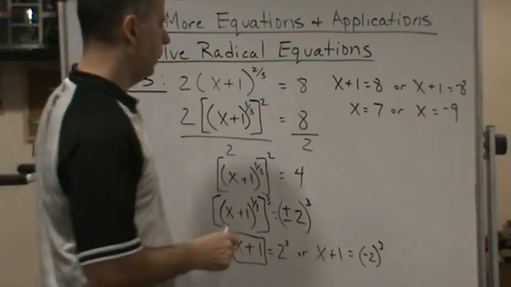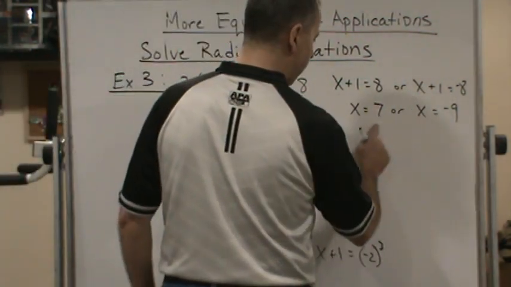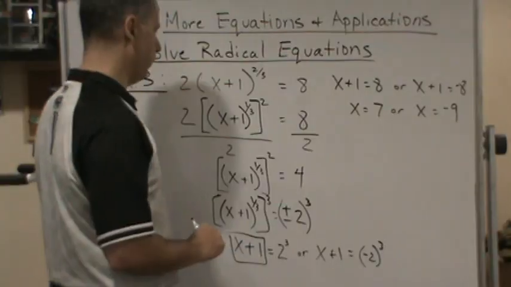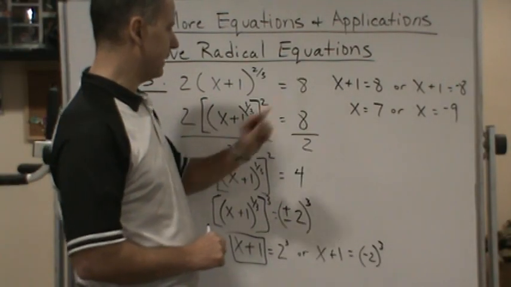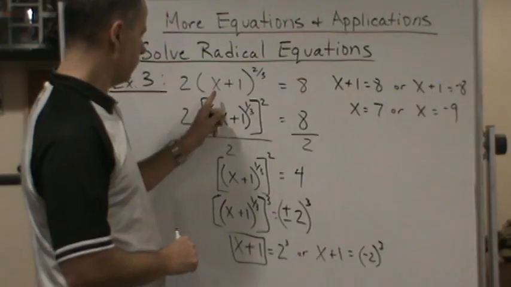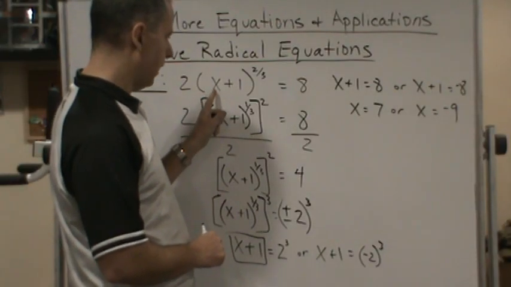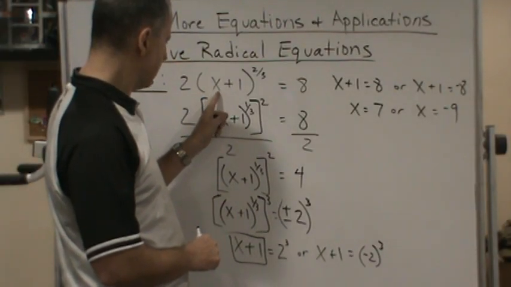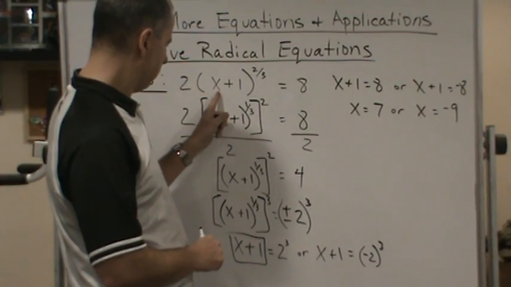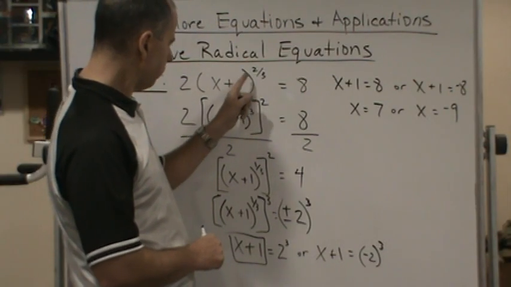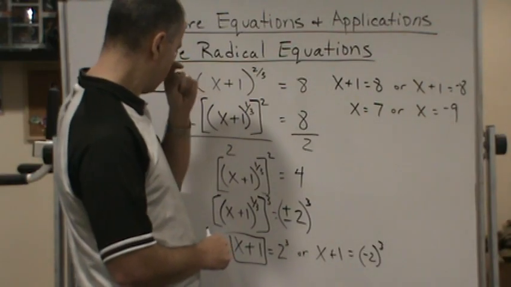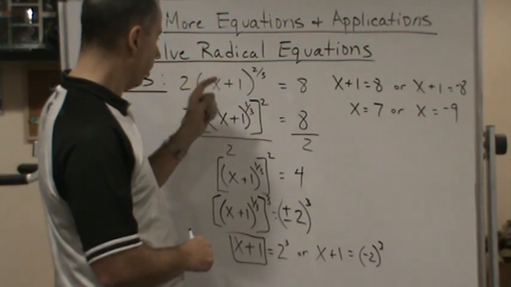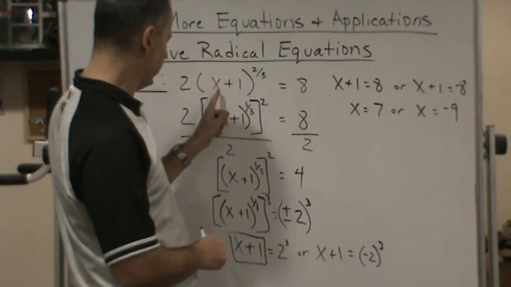Now, we want to go back and test these points. We want to make sure that when we plug in these values, we get a true statement. So if we use 7, 7 plus 1 is 8.